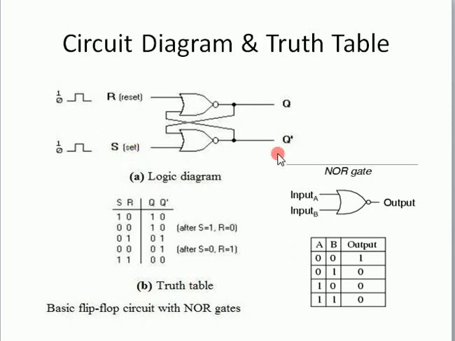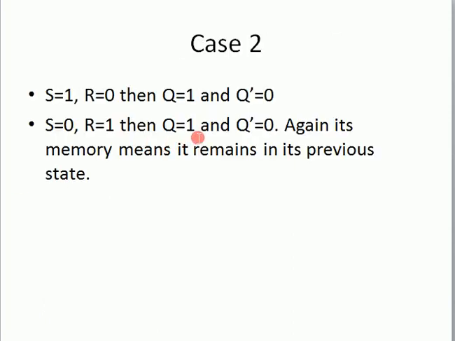Now this Q complement is equal to 0. Now this 0 goes here, so 0 0 is equal to 1. So Q is equal to 1 and Q complement is equal to 0. That has been mentioned here. So in this case we have this.